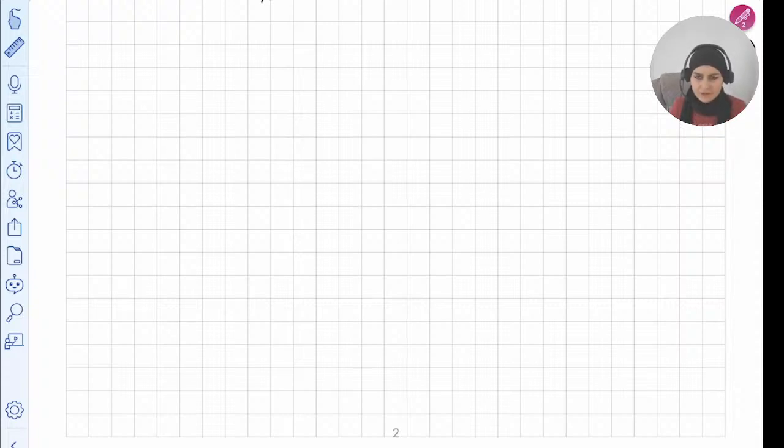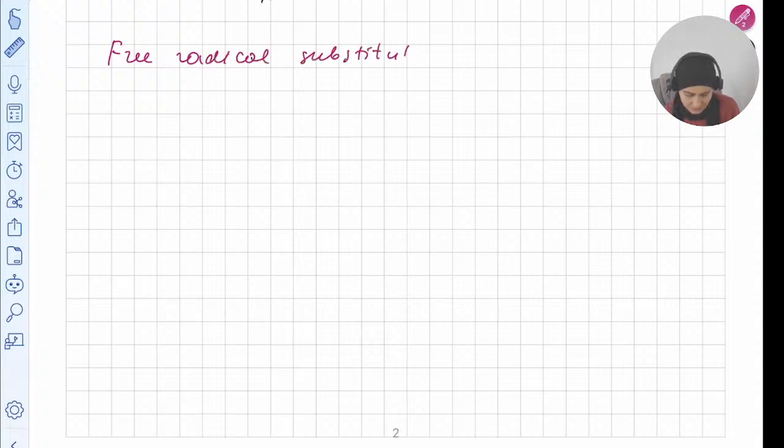Okay, so for alkanes, the mechanism that we need to study is free radical substitution. It's when an alkane reacts with a halogen. So, free radical substitution mechanism. You should be writing.